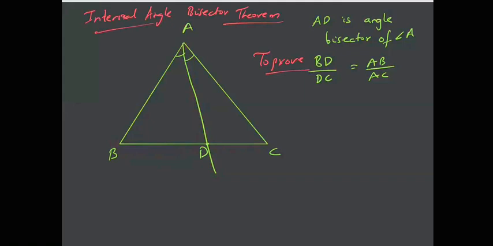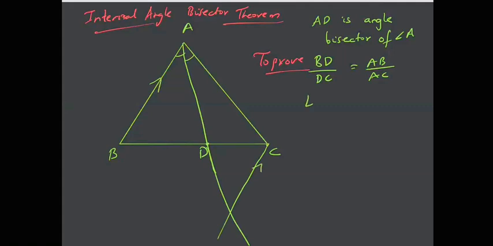So what I am doing is I am extending AD. I have extended AD, and I am drawing a line through C which is parallel to AB.